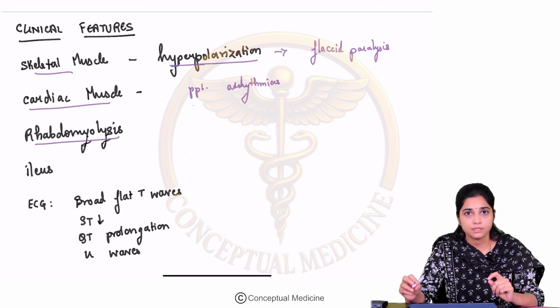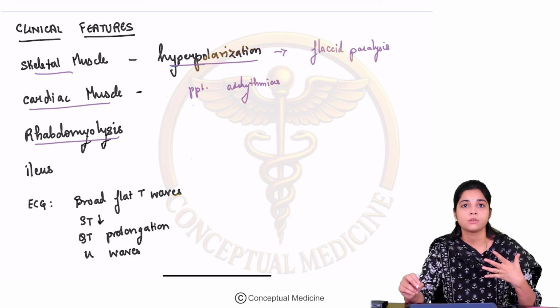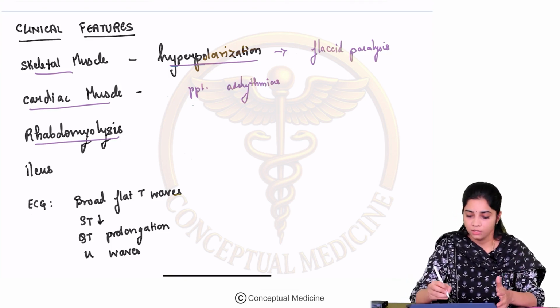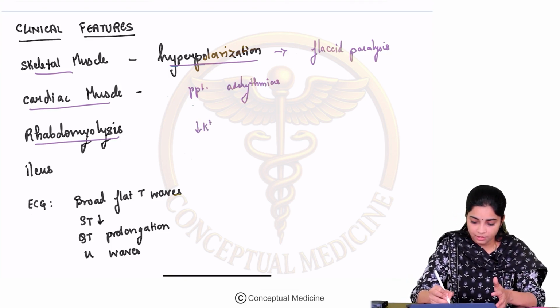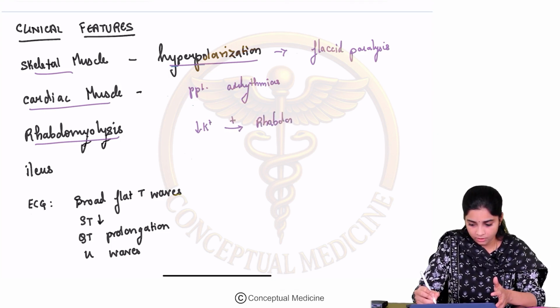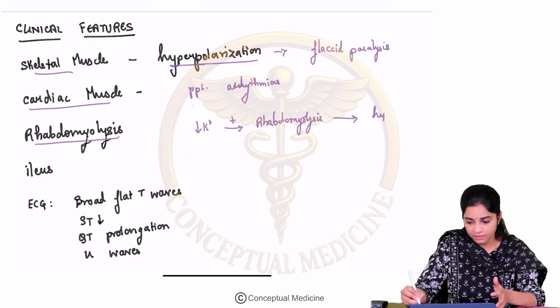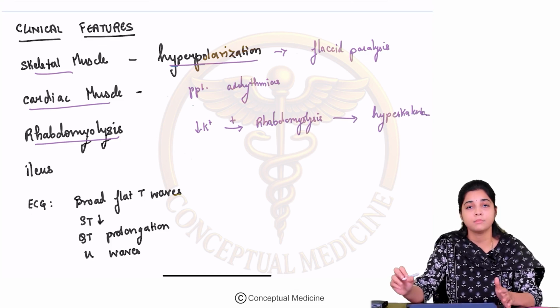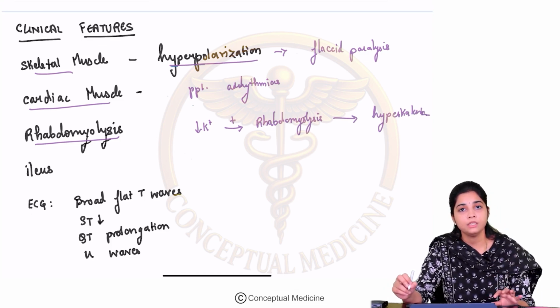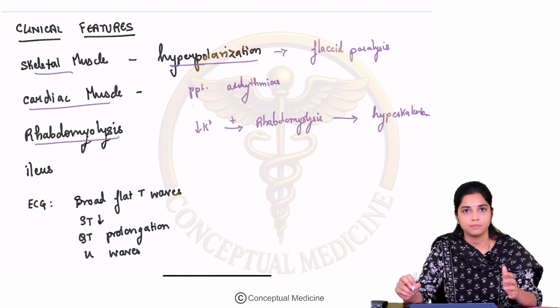As the name suggests, rhabdomyolysis refers to the breakage of the muscle, myolysis. So, hypokalemia can precipitate rhabdomyolysis. Once rhabdomyolysis happens, it can actually cause hyperkalemia. This is a very interesting statement that you have to understand: hypokalemia can precipitate rhabdomyolysis and rhabdomyolysis can in turn cause hyperkalemia.